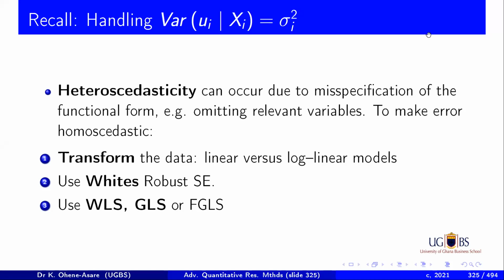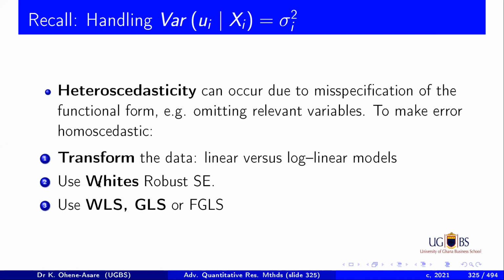It's a big problem even in panel data, which we shall learn. In panel data, you don't just have observations, but you have observations over time. So when it is not constant across individuals and across time, that is serious. And we'll look at that, okay?